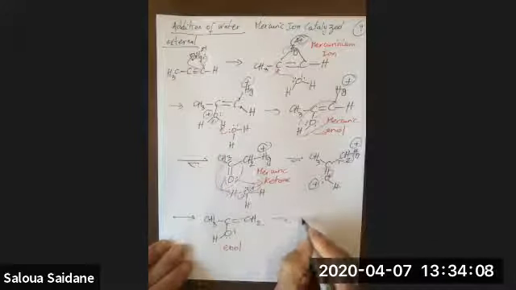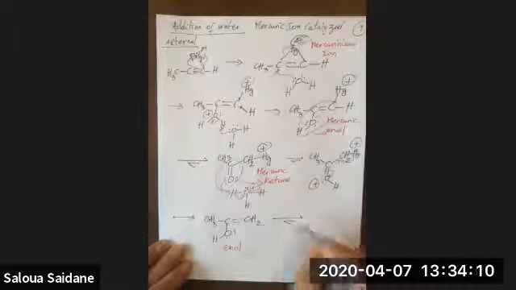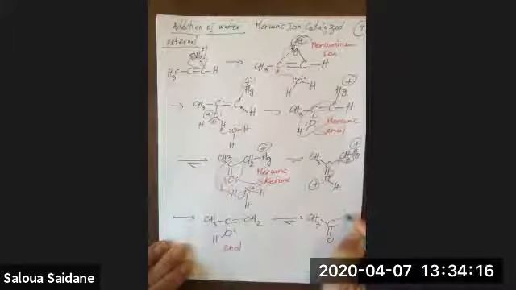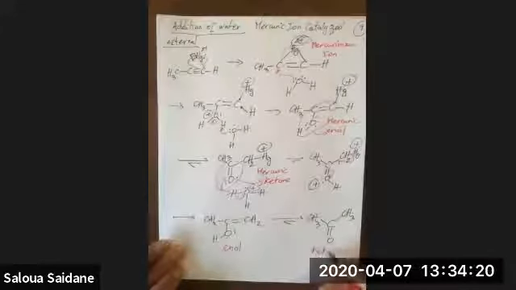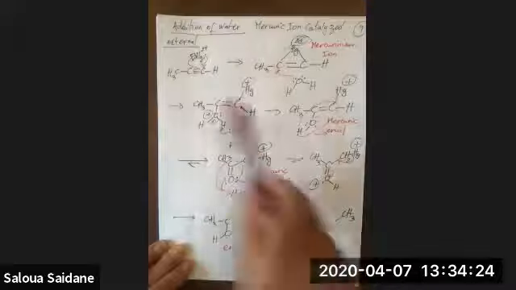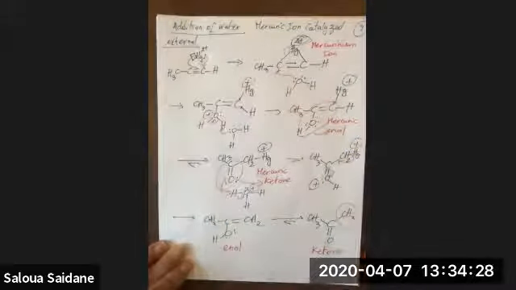And then an enol transforms into a ketone. The H moves here, the double bond moves there. So CH3, CO, CH3. And every time we have an external alkyne, it's always a CH3 at the end, always.